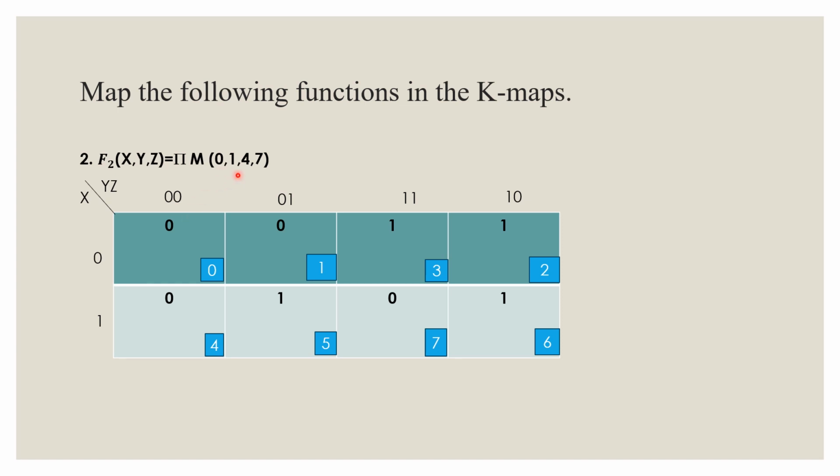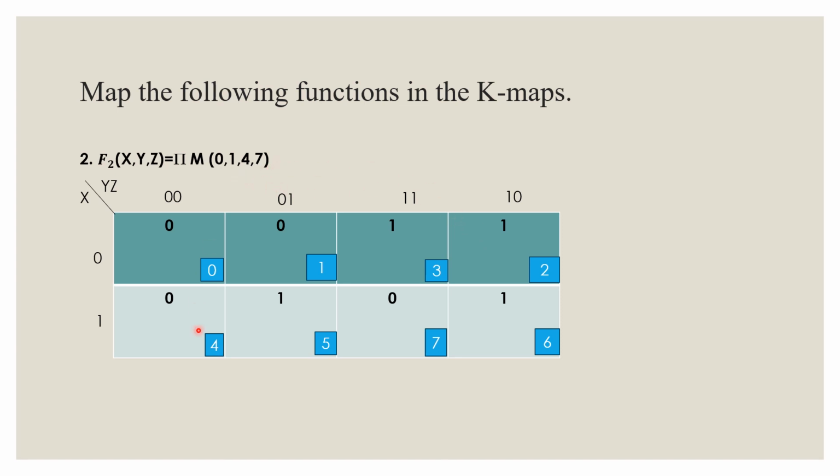So box 0 is represented by 0 for max term. Next, 1 is represented by 0 for max term. 3 is missing in this function, so here we write 1. Next, 2 is also missing in this function, so here we write 1.